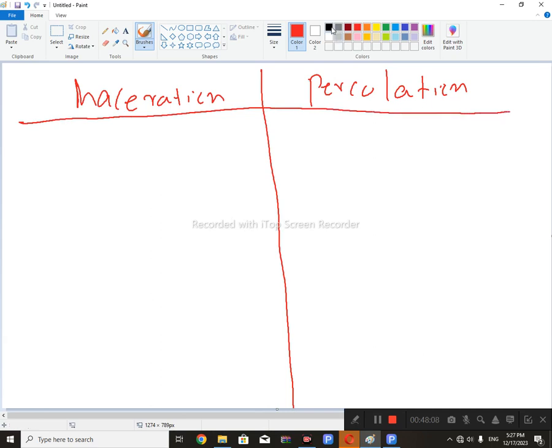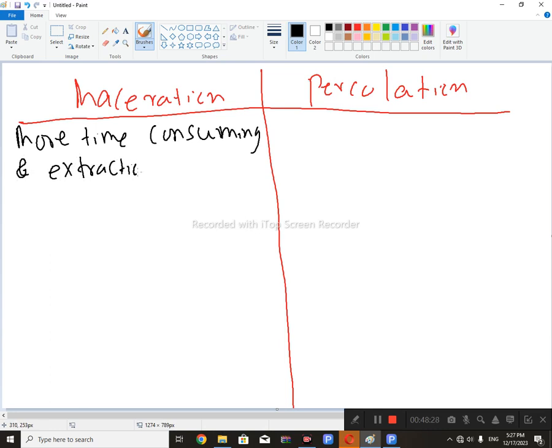Next point. Maceration is more time consuming and extraction is not complete.